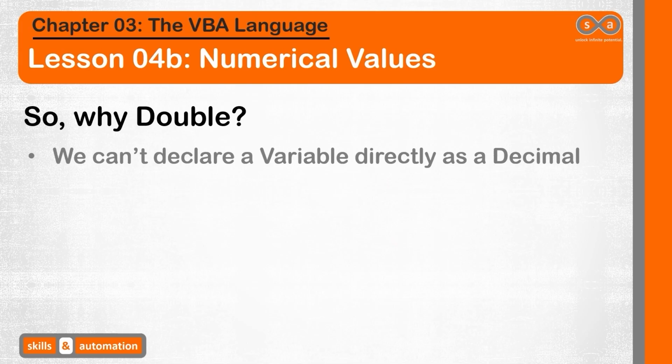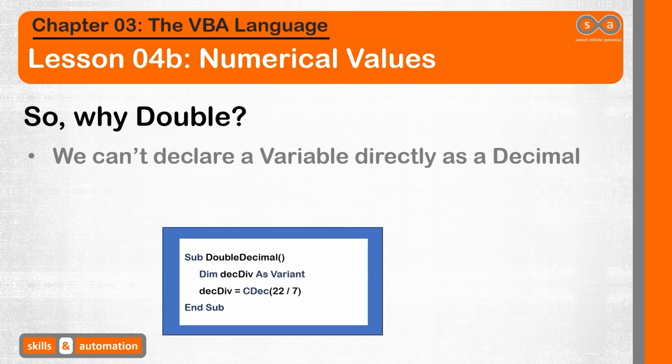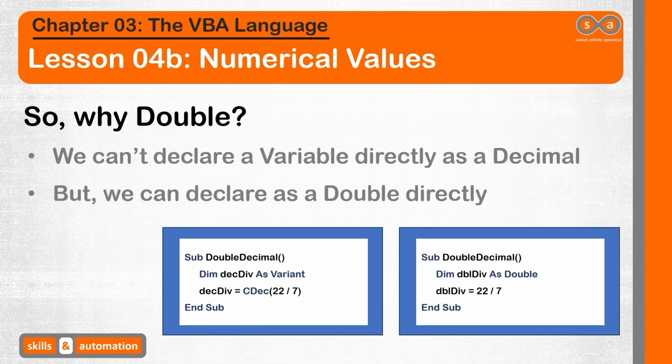So there are a few extra steps involved with using a decimal data type. As we can see in this code, for using a decimal type, we need to first declare the variable as a variant and then convert it to a decimal type using the type conversion function for decimals. On the other hand, we can use a double directly.